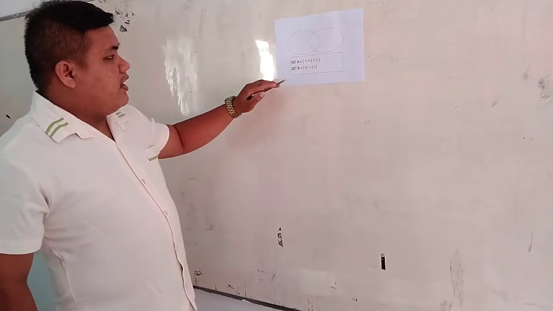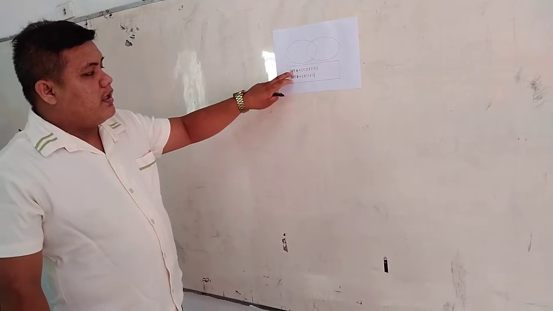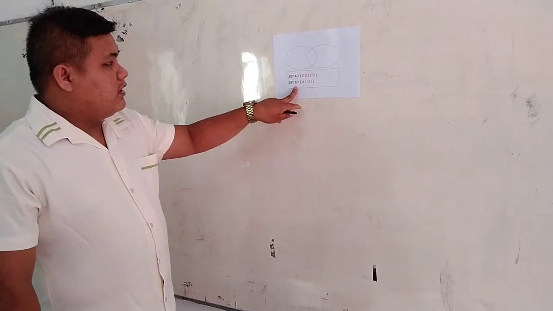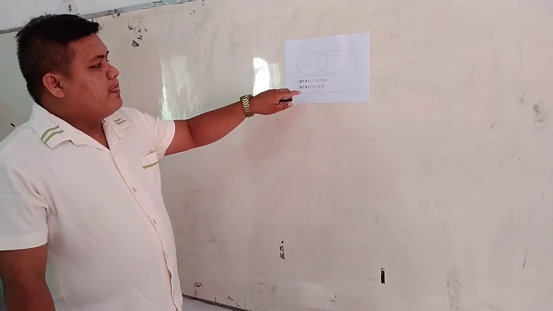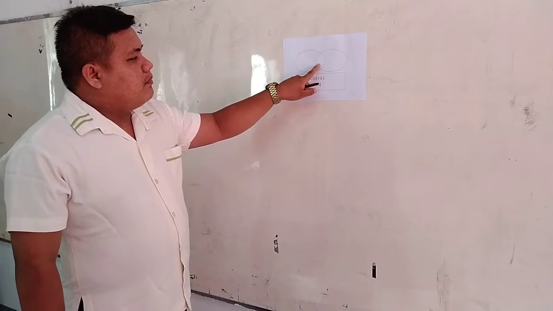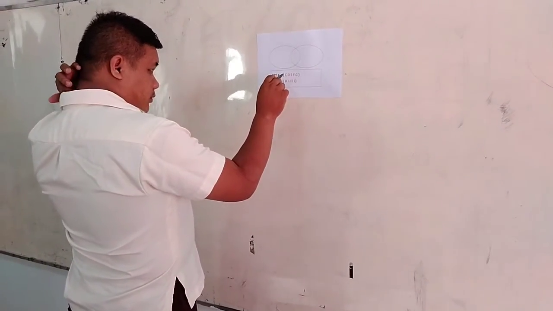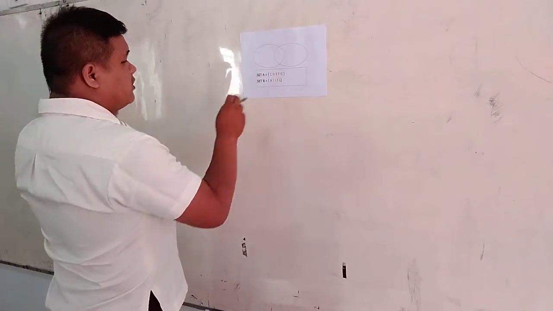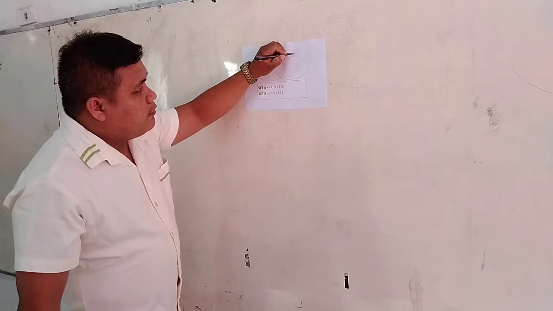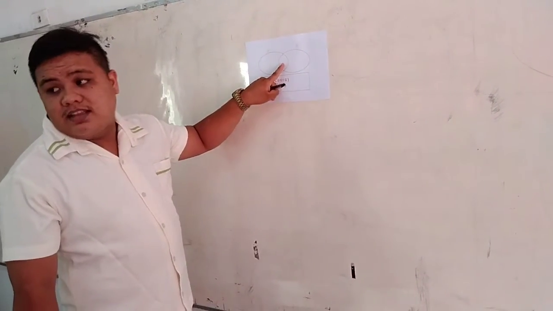I have given you here the elements of set A and set B. What you are going to do is put all the elements that belong to set A on this side and set B on this side, and the common element should also be put in here at the center.